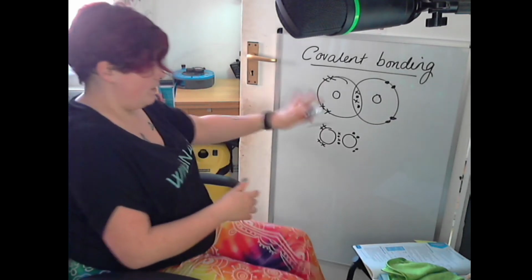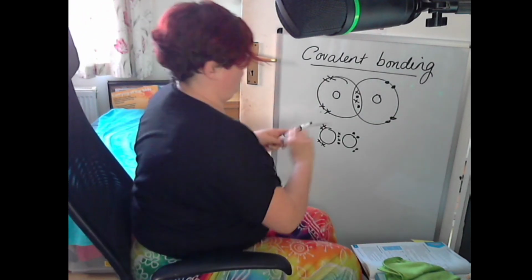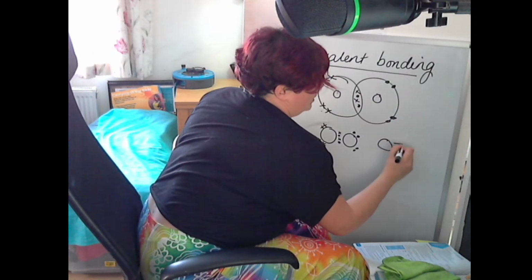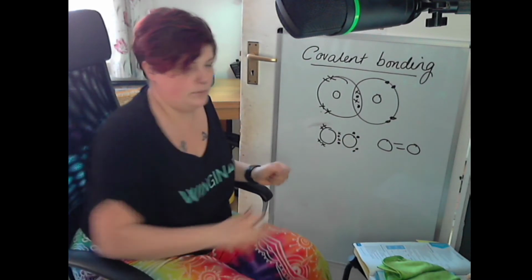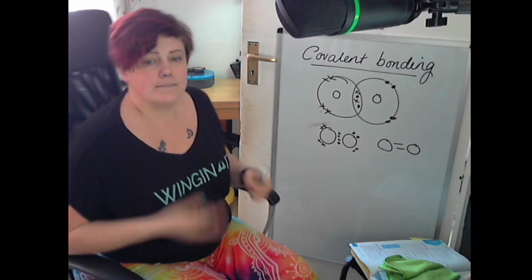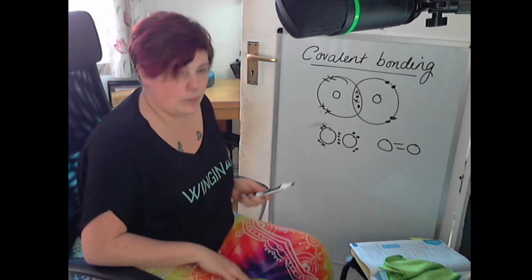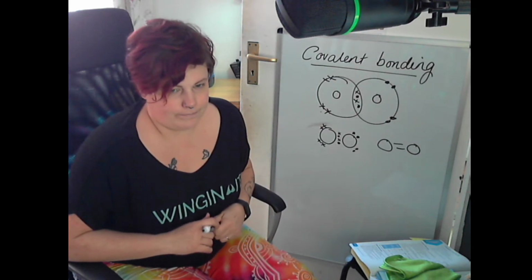You now have a full outer shell, but you've had to share 2 pairs of electrons. So if you draw that out, you draw it like that. If you see an equal sign, it means a double bond. You can get triple bonds. Nitrogen does it. N2 is a nitrogen triple bond. That shares 3 pairs of electrons in that shared area.